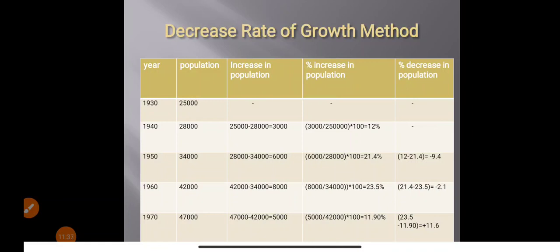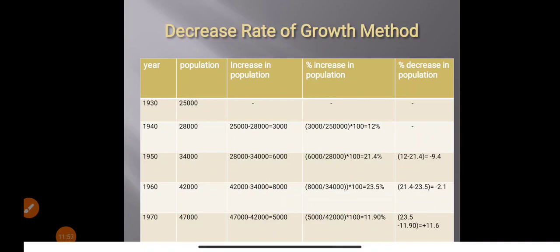So here the formula is Pn. That means we have to find out the population of the next 3 decades. The last previous decade is 1970, so the next 3 decades means 1980, 1990, 2000.